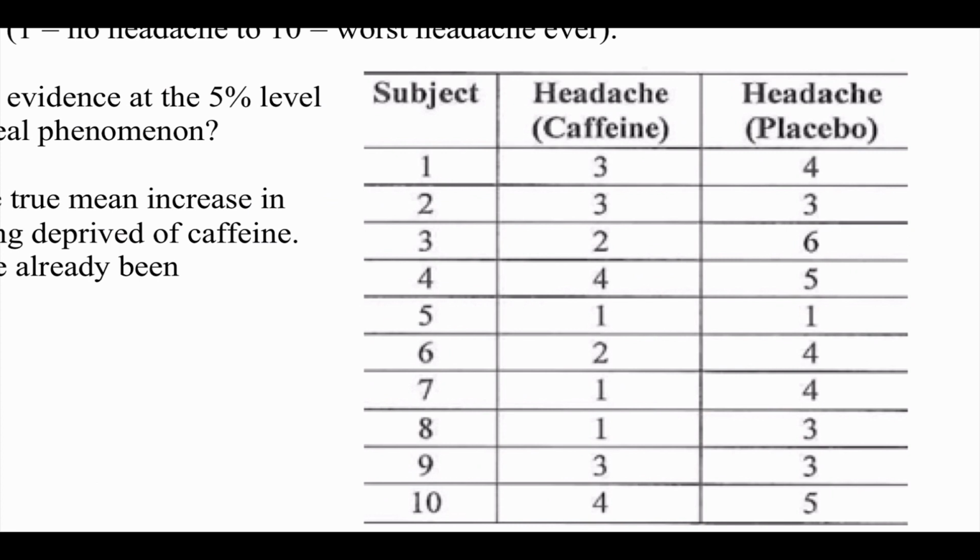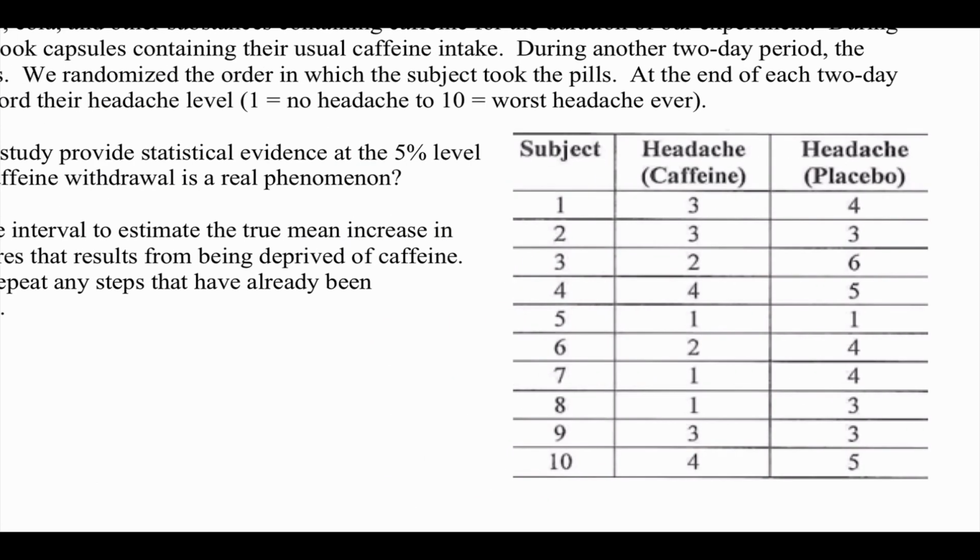So I'm going to have to create a new column. So this data is going to be caffeine minus placebo. You could do placebo minus caffeine, it's okay too. Just make sure you label it.